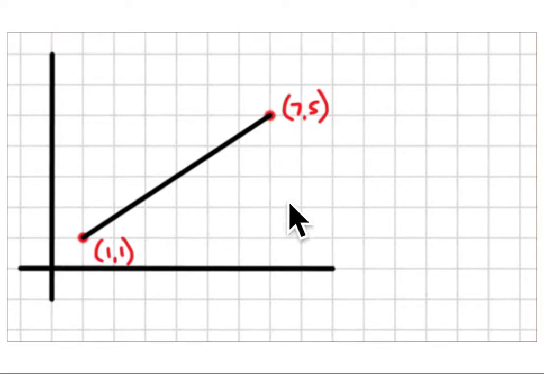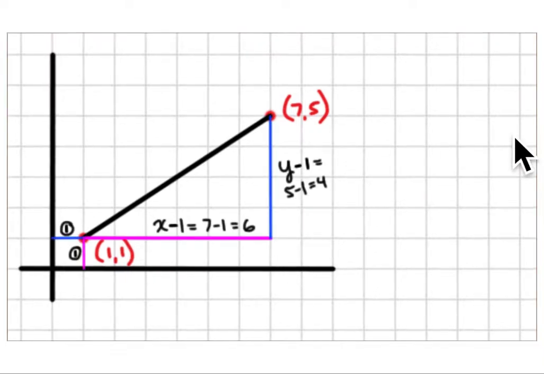So that relationship is 4 units to 6 units, or 2/3. For every unit that you travel along the x-axis, you go up 2/3 of a unit. So the slope is 2/3 or 4/6.